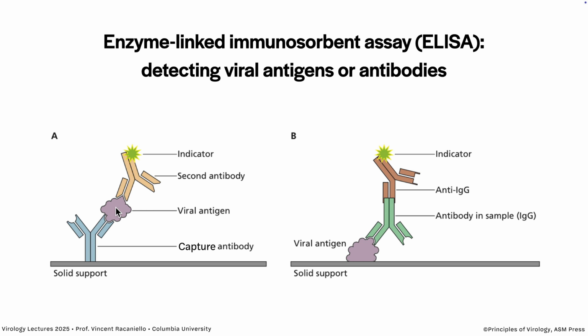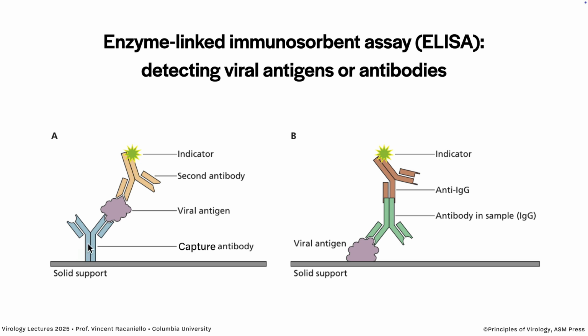And what you do is you take an antibody to the viral antigen and you stick it onto a plastic support. This is typically done in a 96-well format. And then if you have a clinical specimen, you can flow it over. And if there's viral proteins present, they will stick to the antibody. And then you add a second antibody that binds a different epitope on the viral protein, which has an indicator like fluorescence or something else that you can easily visualize.